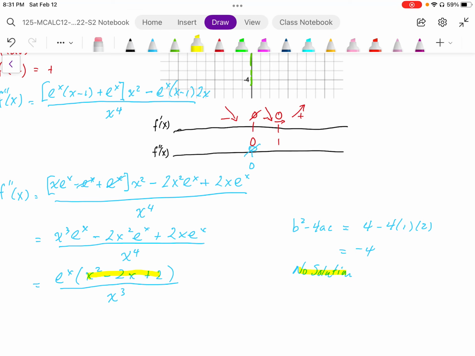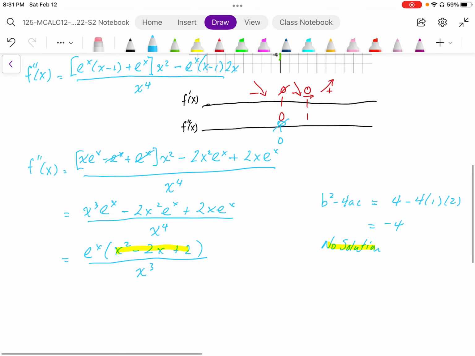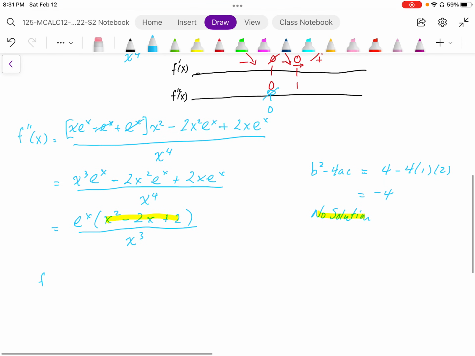So then I'll just test my concavity. So f double prime, if we have a negative 1, for example, if I plug negative 1 into there, I'm going to end up with a negative in the denominator. I'm going to end up with 1 plus 2 plus 2, so that's going to be positive. So that's going to give us negative concavity on this side.